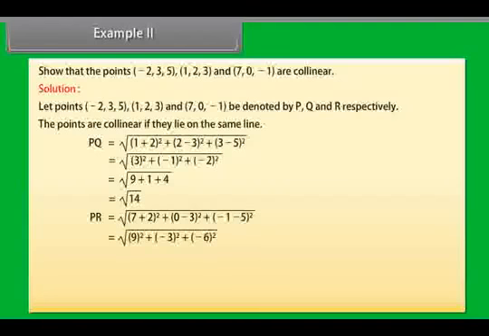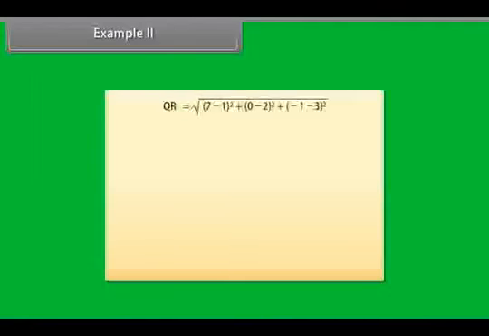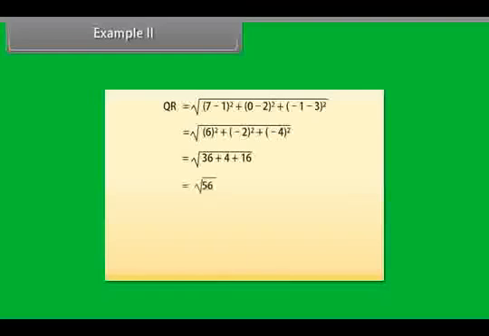After calculating PR, we get 3 into square root of 14. QR = square root of (7 - 1) square plus (0 - 2) square plus (-1 - 3) square. After calculating QR, we get 2 into square root of 14.